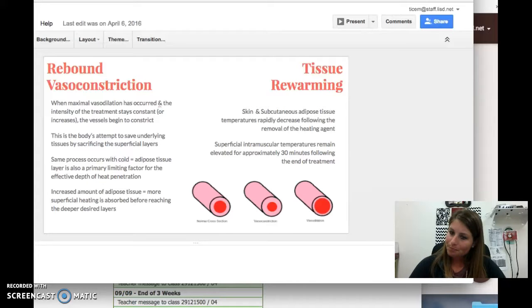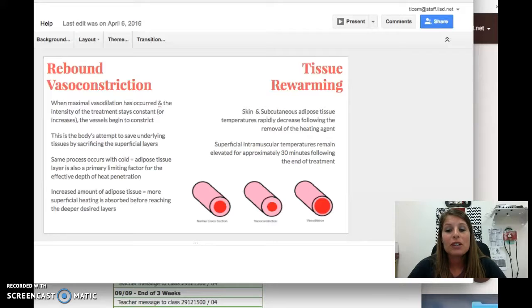Tissue rewarming. So skin and the adipose, the fat tissue, tends to rapidly decrease in temperature as soon as you remove the heat. So again, back to those athletes that have 30 minutes on the moist heat pack because it makes them feel good. Those effects don't last. So as soon as they take the heat off, they're back to normal, okay?